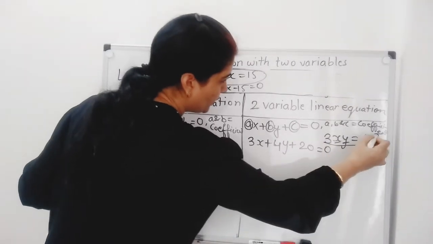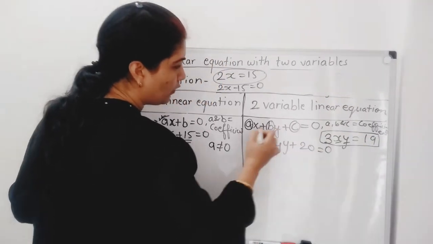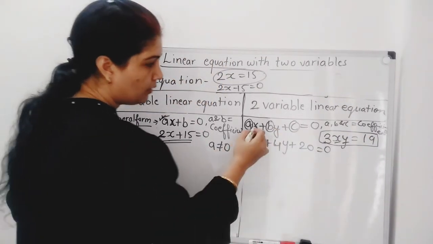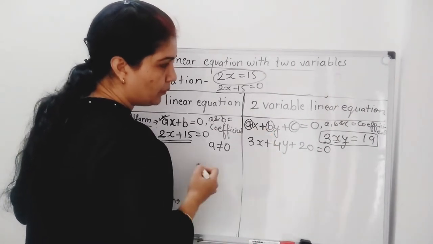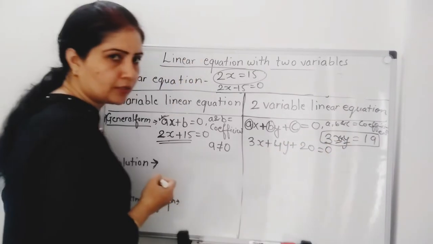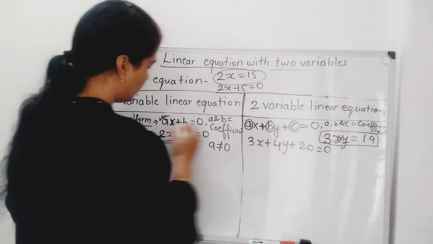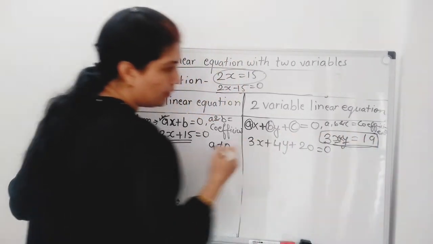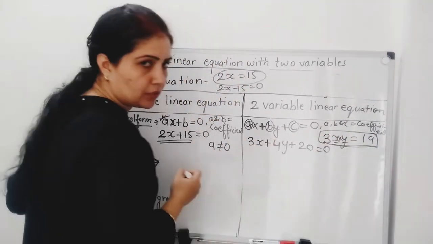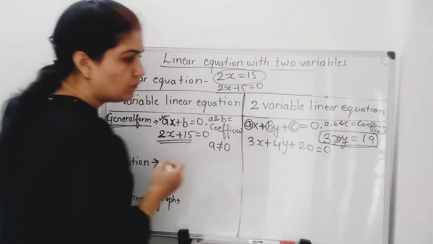But in this equation, 3xy, I cannot say it is following this general form. In the other equation both the variables have a plus operation in between, but here there is a multiplication operation, which is not following this general form. That's why we cannot say that this is also a two variable linear equation, because it is not following this general form.